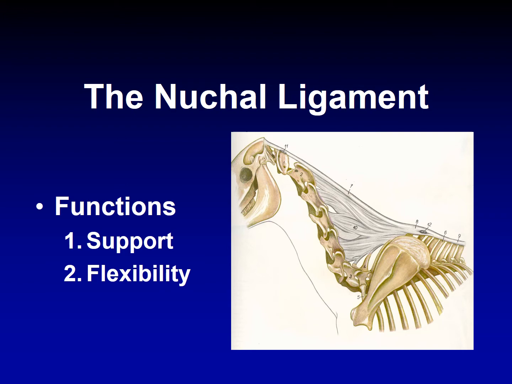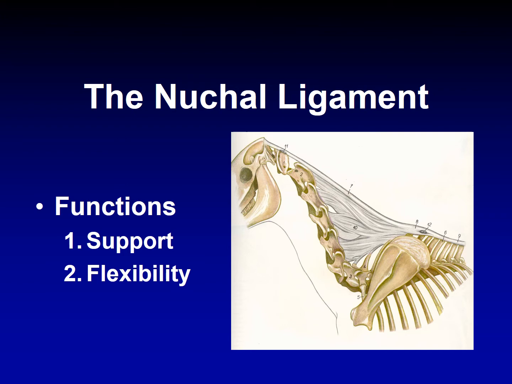The nuchal ligament supports the heavy head and neck of the horse and provides flexibility for continuous head and neck movement for grazing and moving.